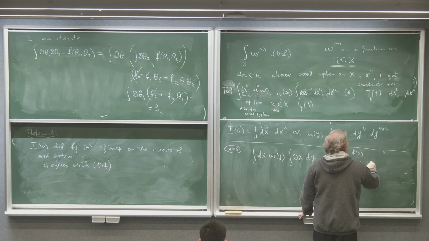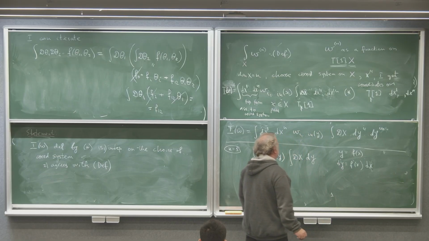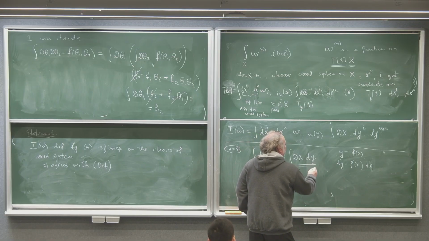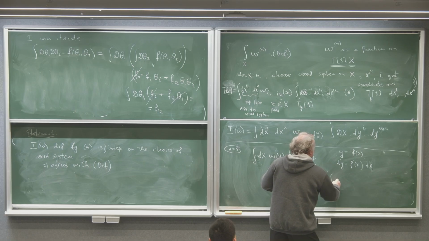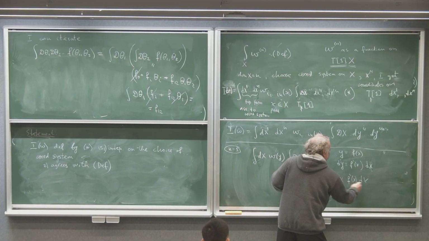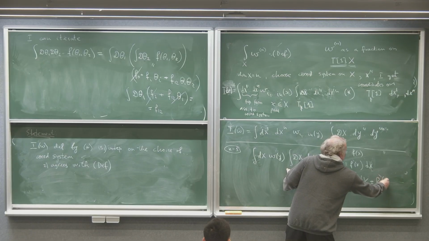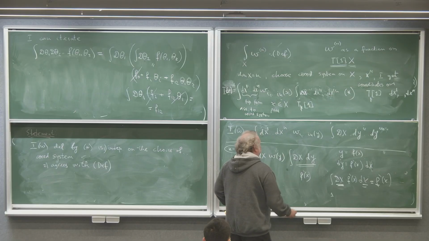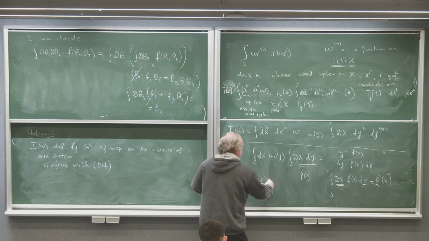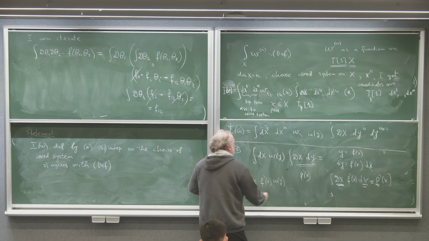So this integral gives me f prime of x, because integral dx of f prime of x dx is the prime. So I'll get dx f prime of x, and here the coefficient of the form dy.